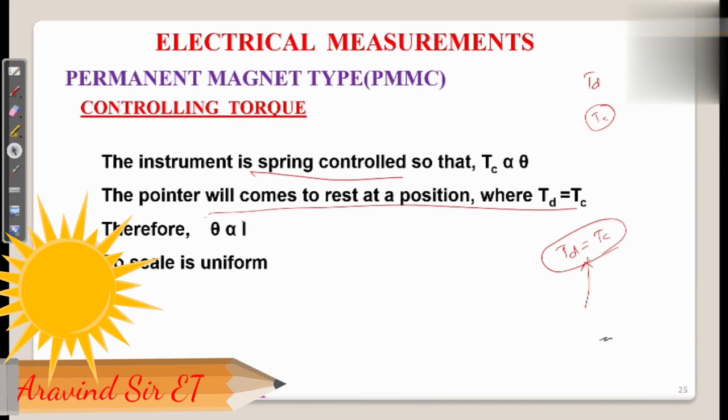Here theta is directly proportional to current. That is why the scale we are using in the PMMC, the permanent magnet moving coil, is uniform.